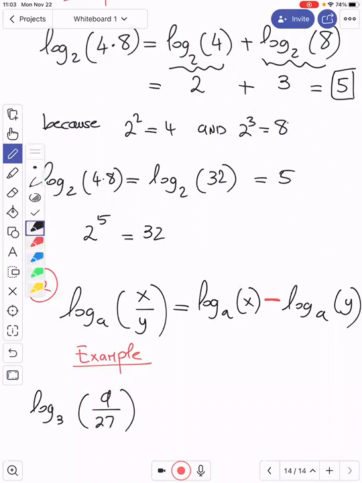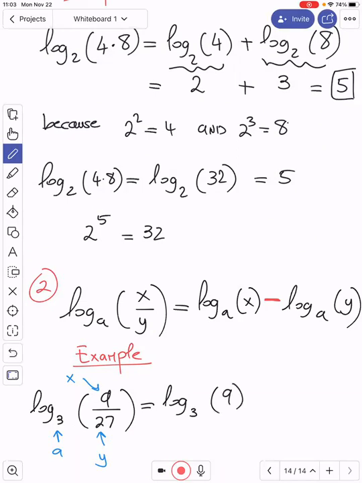So 3 is your a, of course, 9 is your x, 27 is your y. Okay, so if you want to use this formula, log of x over y, then that will be log of x, so log of 9, so log of the top, minus, of course, this is base 3, log of the denominator.